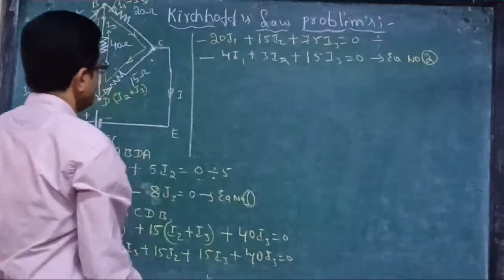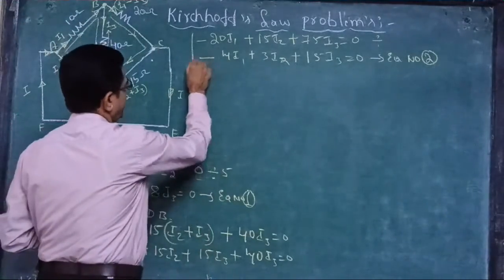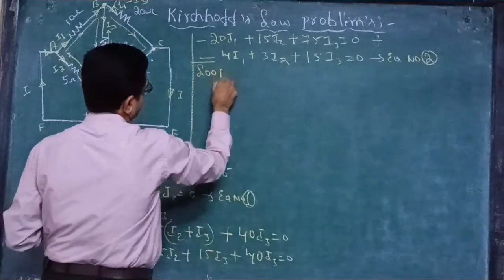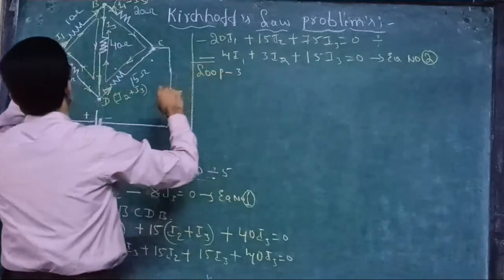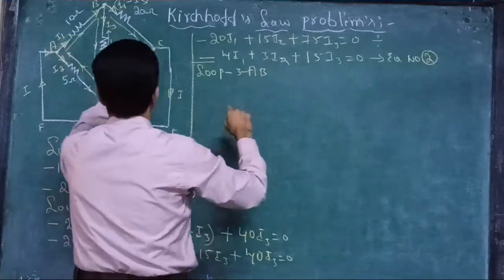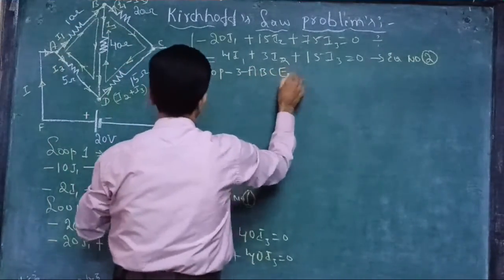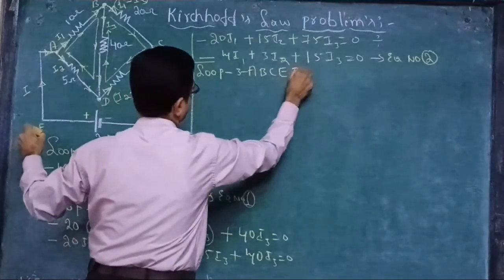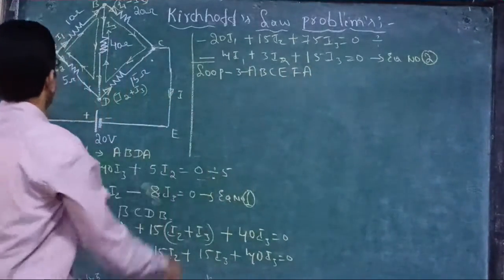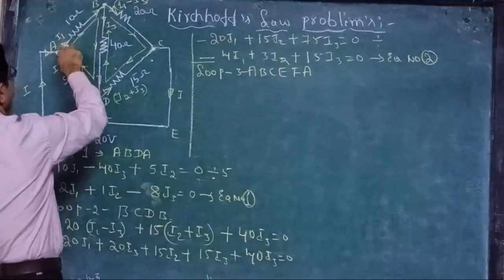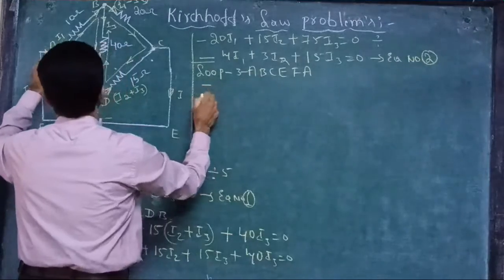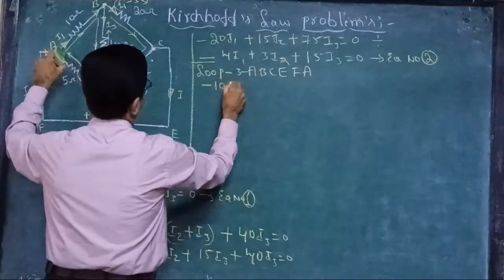Okay. So next we can take another loop. Here I will take the third loop: A, B, C, E, F, A. I am going A to B. Here the current direction is the same, and we are also going in the same direction, so that means minus 10 I1.